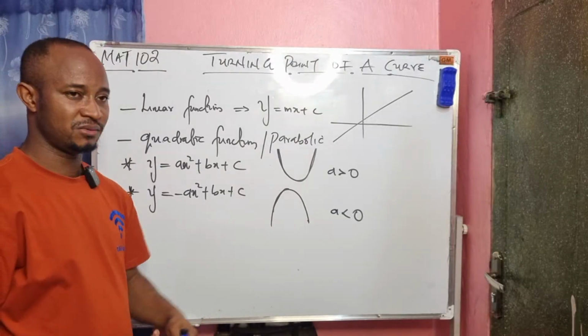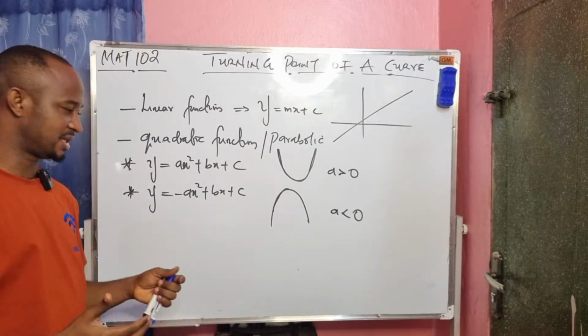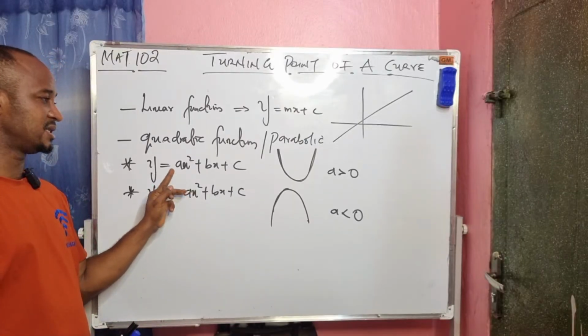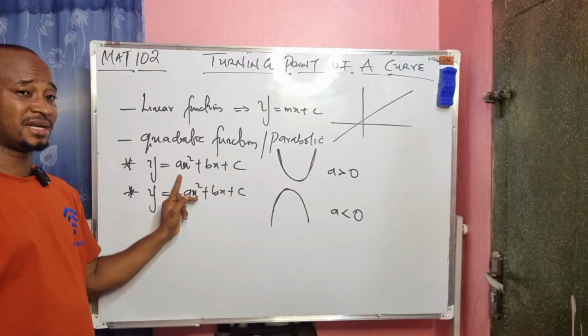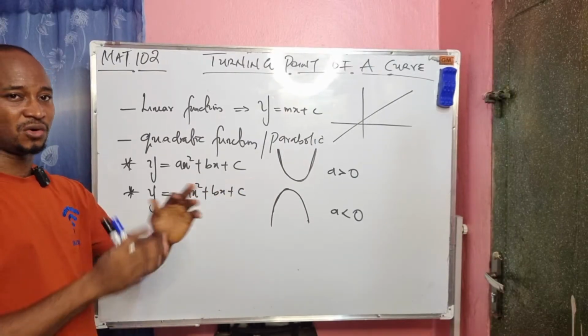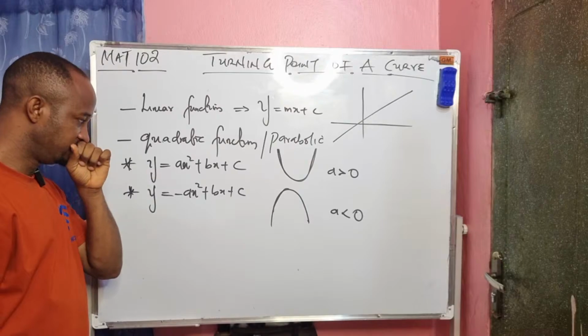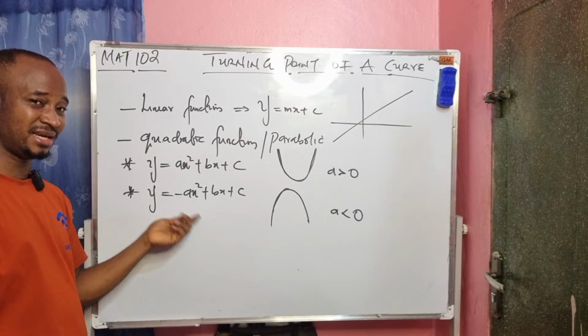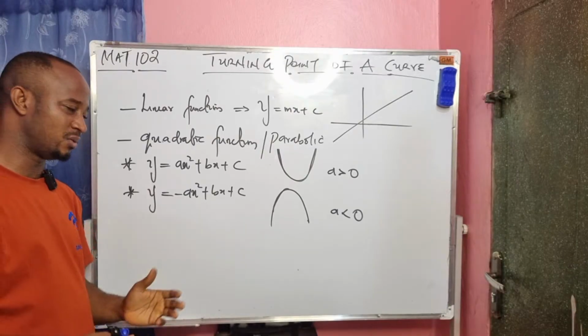Numbers less than 0 are minus 1, minus 2, minus 3, minus 4. So anytime you have a function like this, you must have a curve that opens upward. If we have a function like this, whereby the coefficient of x squared is negative, the graph must open downward.